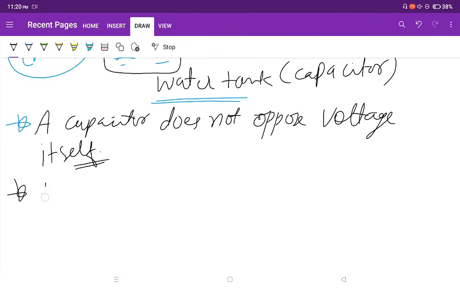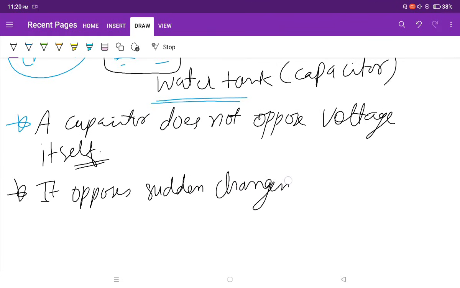It opposes sudden changes in voltage, because sudden changes in voltage require sudden changes in charge, and sudden changes in charge require an infinite amount of current that cannot be supplied by any source, correct?